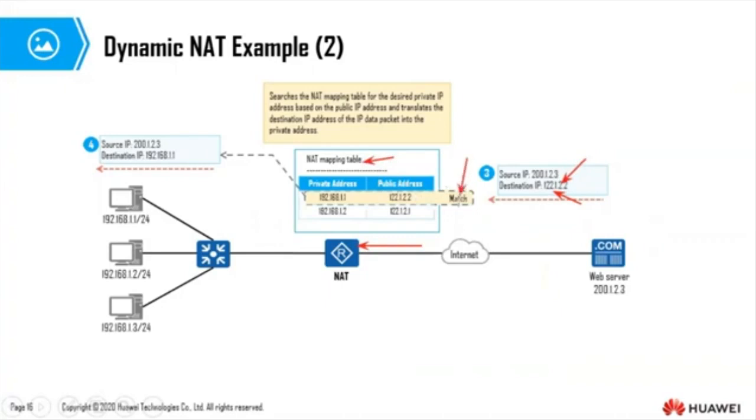Okay, so when it gets it, it's a match. Then it translates the destination IP address from 122.1.2.2 to 192.168.1.1 and sends that packet to the internal network. And finally, it's going to arrive to that particular person.